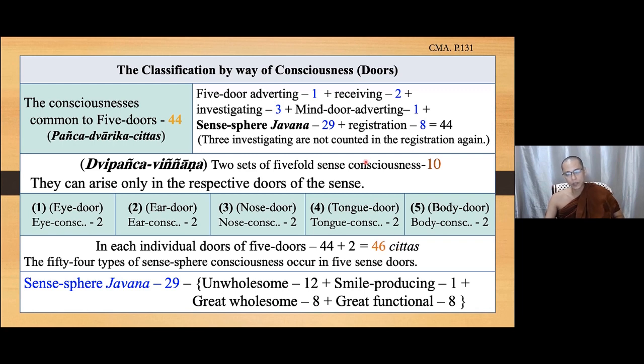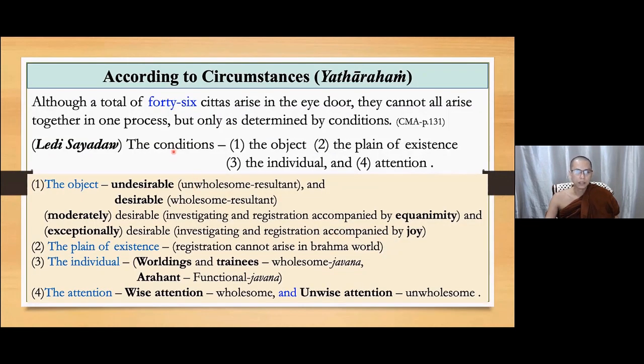So now we know the eye door: through the eye door there can be 46, and through the ear door, 46. But the 44 are the same, and only 2 are different in each door. Then let's see what more we need to know about the 5 doors.